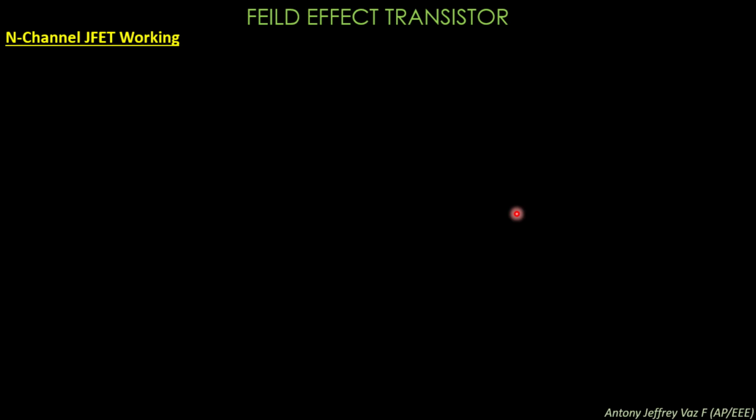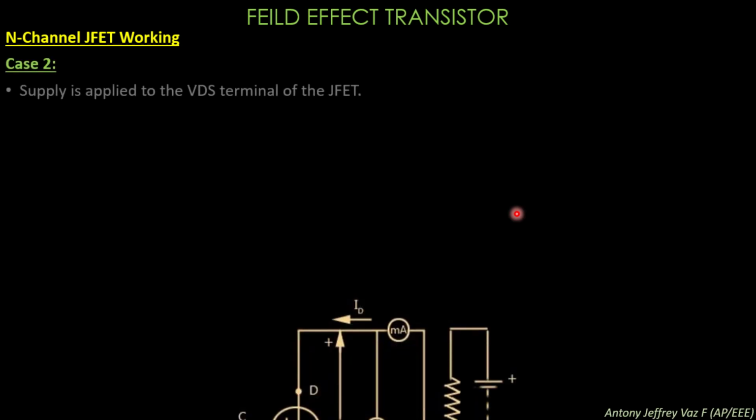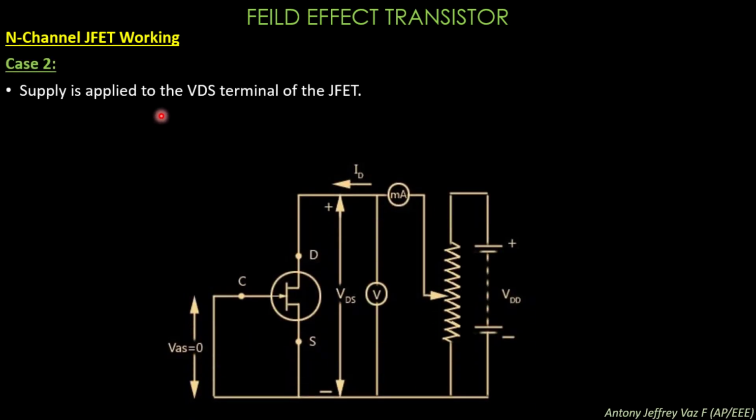N channel JFET working, case 2. The supply is applied to the VDS terminal of the JFET. Here is the circuit diagram. The supply voltage VDD is applied through the load resistance and connected to the drain and source terminals of the JFET.